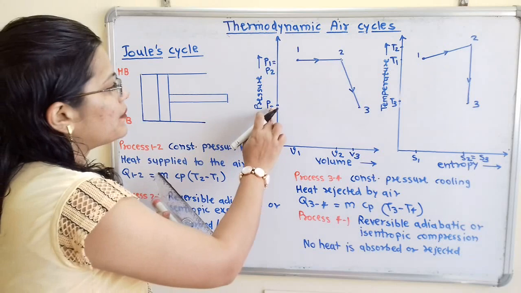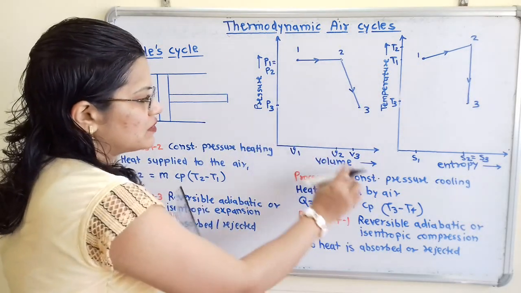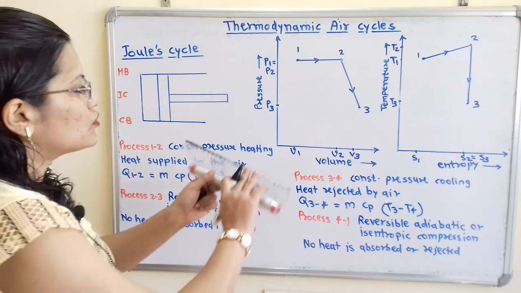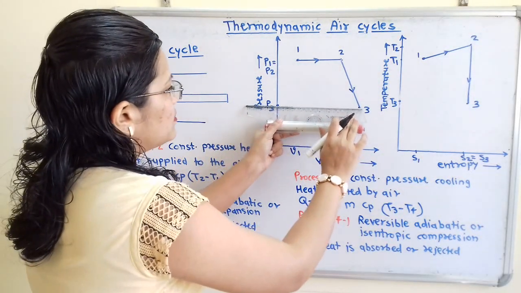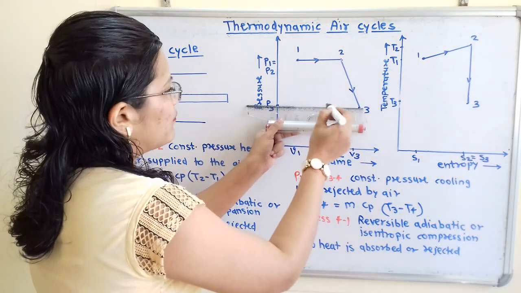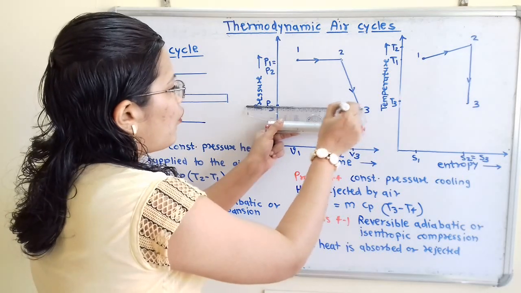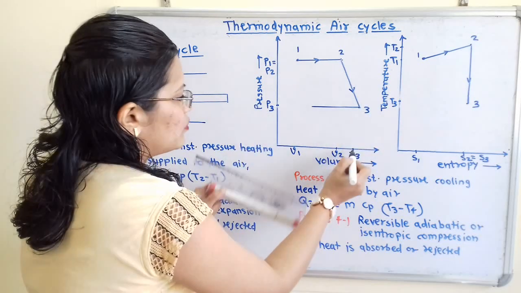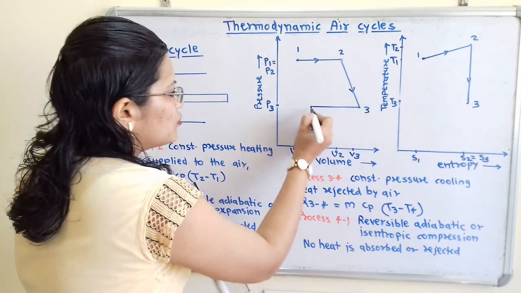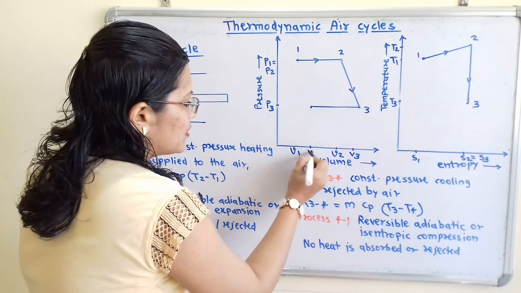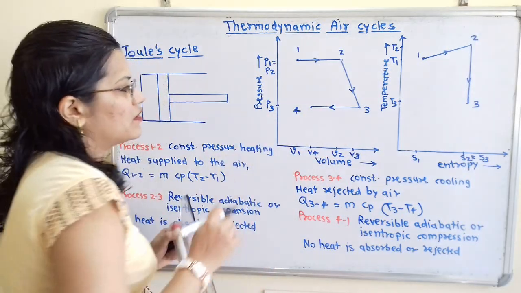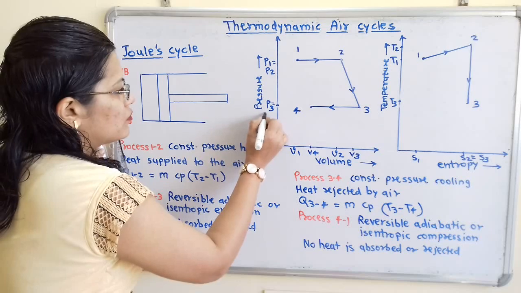But at the same time pressure will remain constant because here the condition is constant pressure cooling. So we have to show that P3 is equal to P4 and we have to show volume at point 4 should be less than this point 3. So here is V3 and we have to show the decrease in volume, that is I will show here V4. I will show arrow also. So P3 is equal to P4.